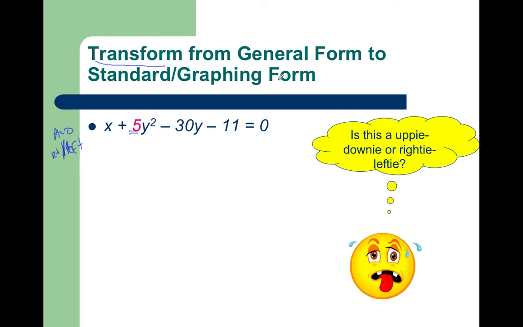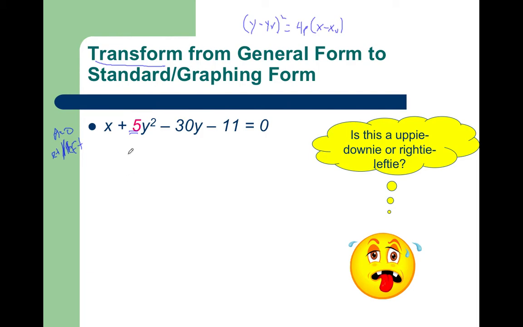So I have to think about the graphing form. The graphing form of a right-left is y minus the y coordinate of the vertex in a group squared is equal to a dilation factor times a group x minus the x coordinate of the vertex.